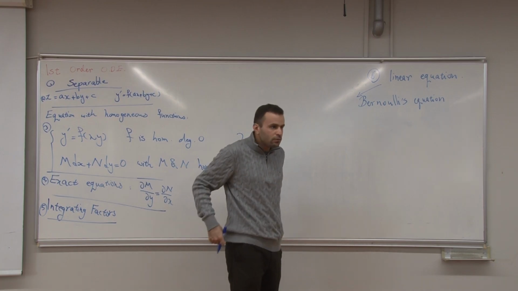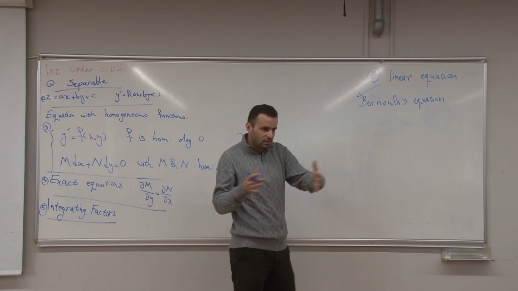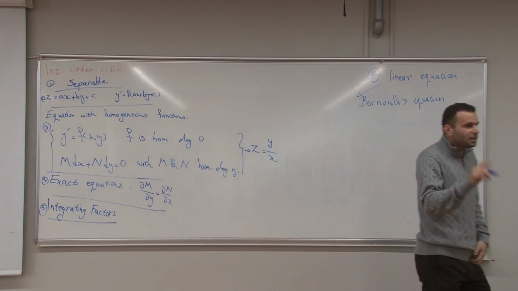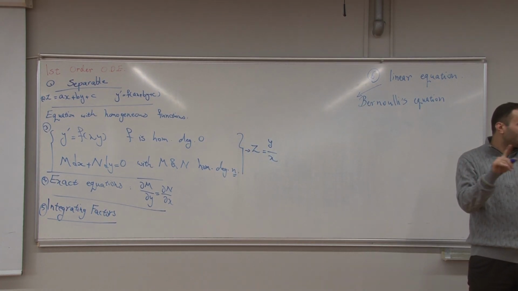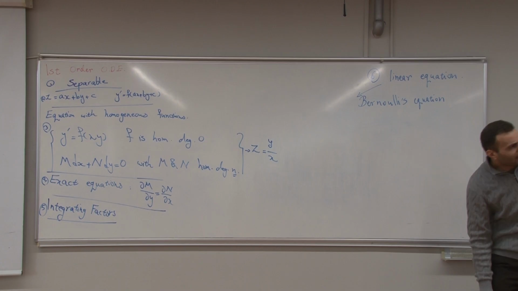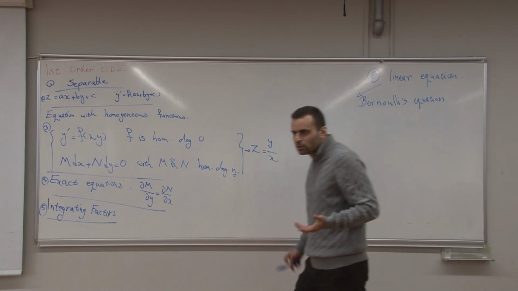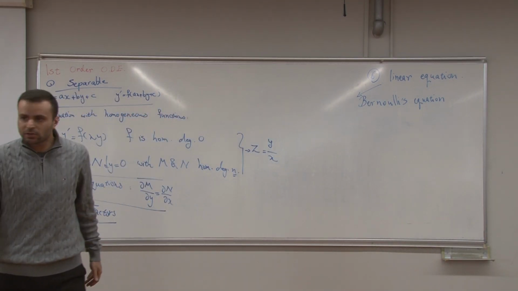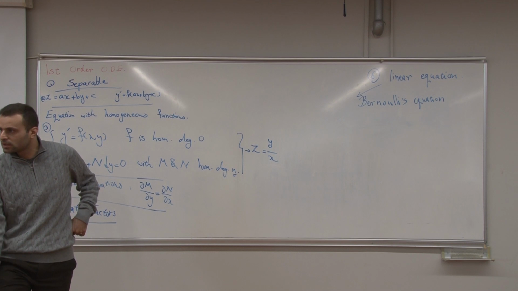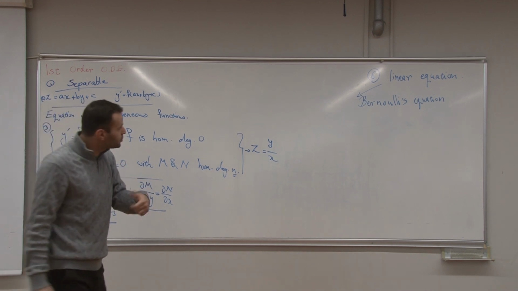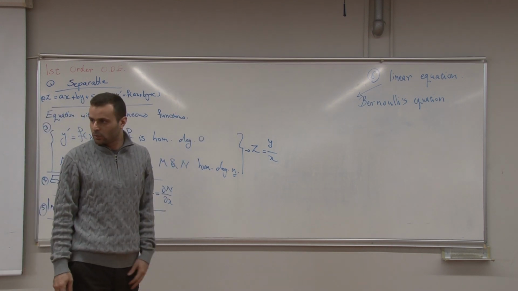If you would like to do a project for the student seminars, you can definitely work on, for instance, Riccati's equation. It has some applications in control theory, which I'm not aware of. It will be very nice to also learn about that kind of thing. So for project problems, you can also have Riccati's equation.